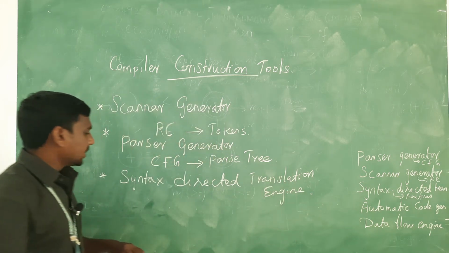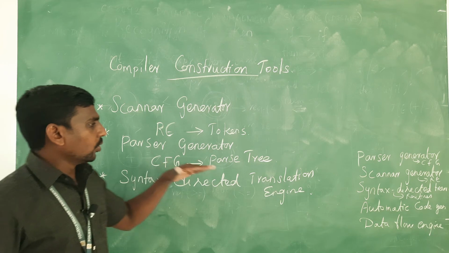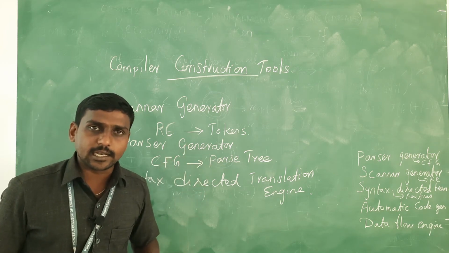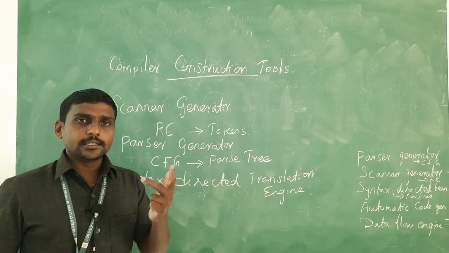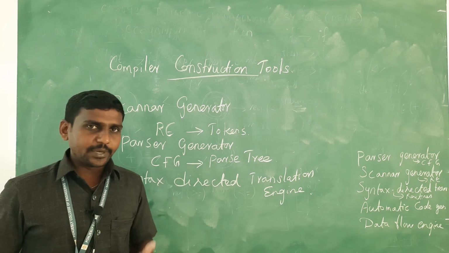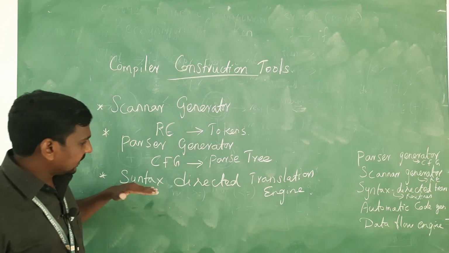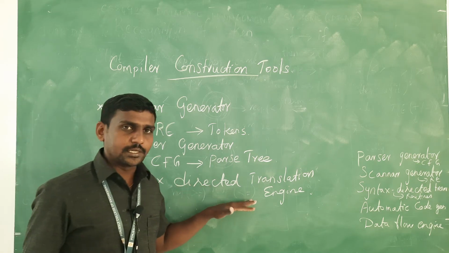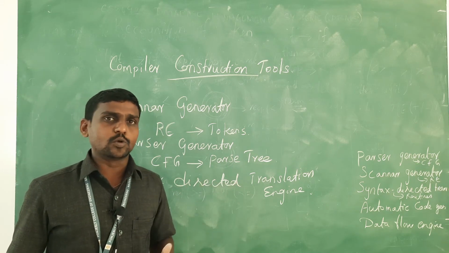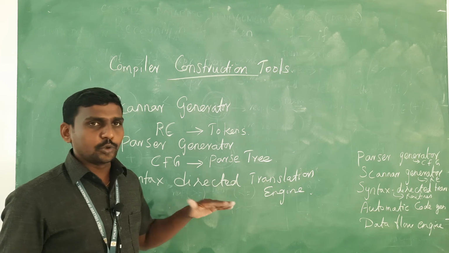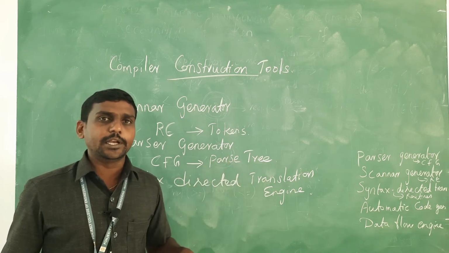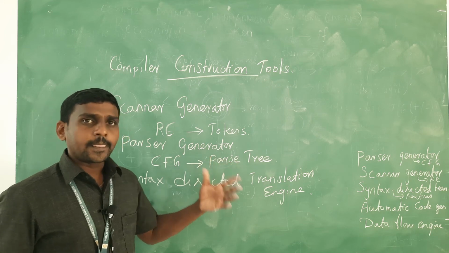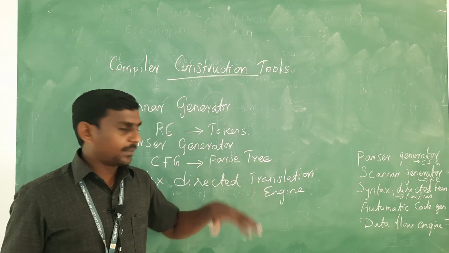Okay, so this is the third tool, and you know, first phase of compiler is lexical analyzer, second phase of compiler is syntax analyzer, third phase of compiler is intermediate code generator. So this syntax directed translation engine is the tool for intermediate code generator. Okay, so what is the duty of intermediate code generator? The input of intermediate code generator is parse tree, and it produces intermediate code.